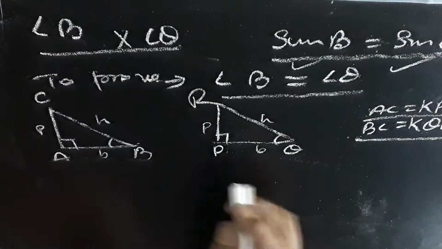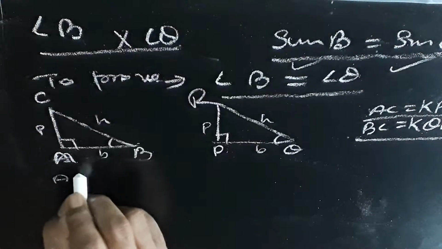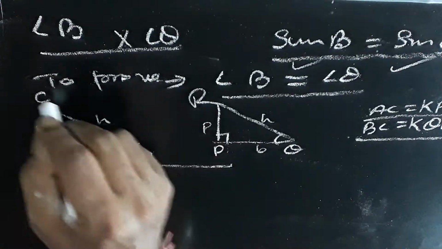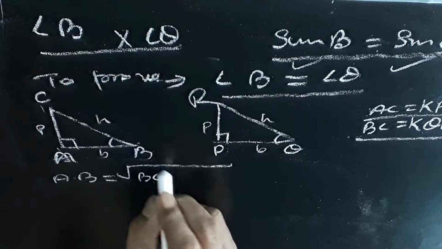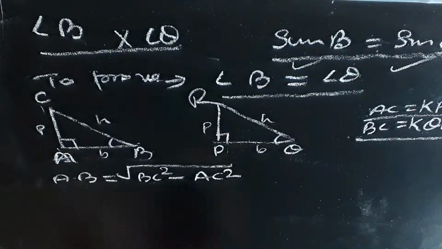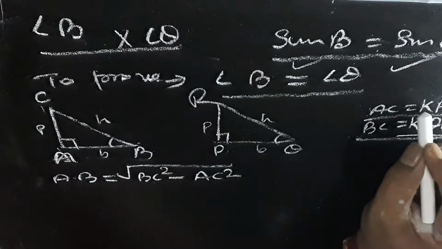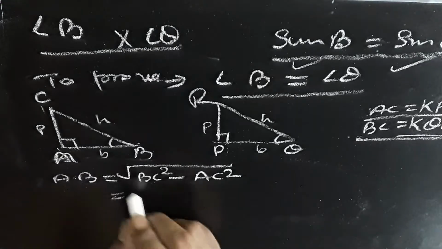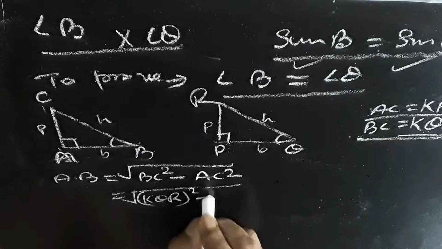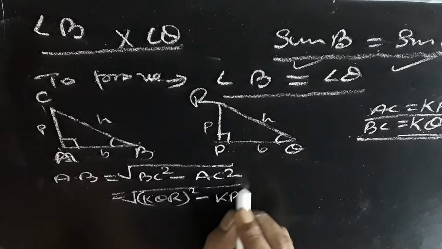Now, in this triangle, we want to find AB. Then AB will be equal to, according to Pythagoras theorem, root over this square minus this square, means BC square minus AC square. In place of BC, we will put K into QR, and in place of AC, we will put K into PR. K QR square minus K PR square.